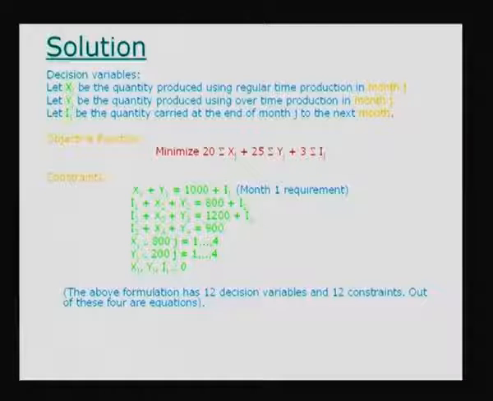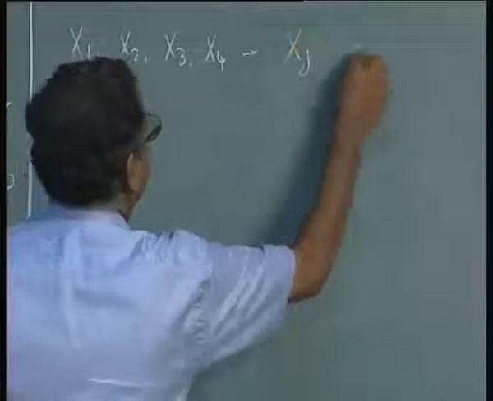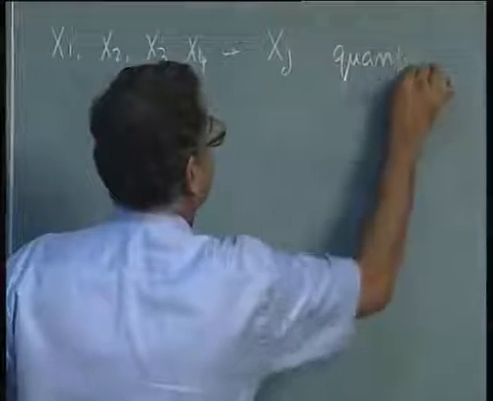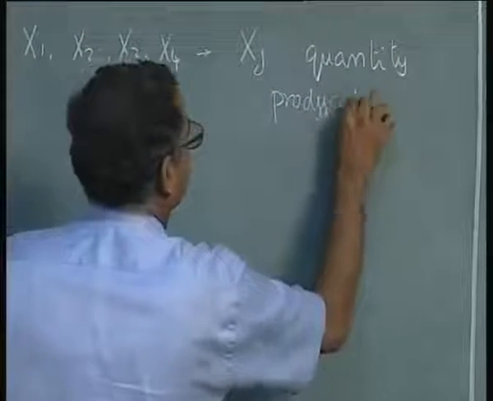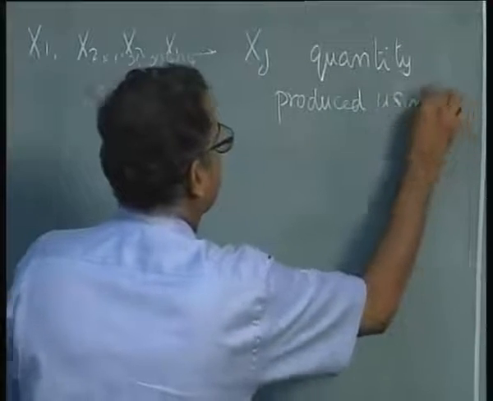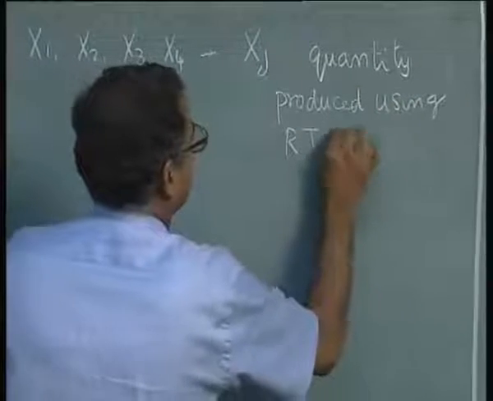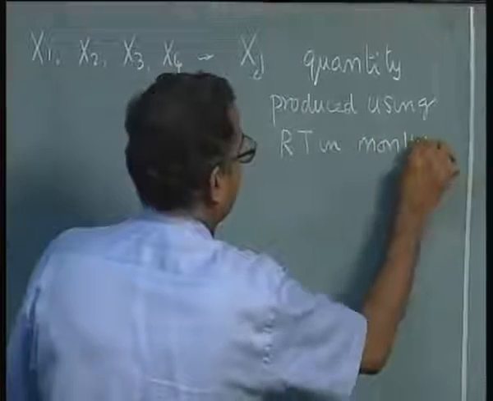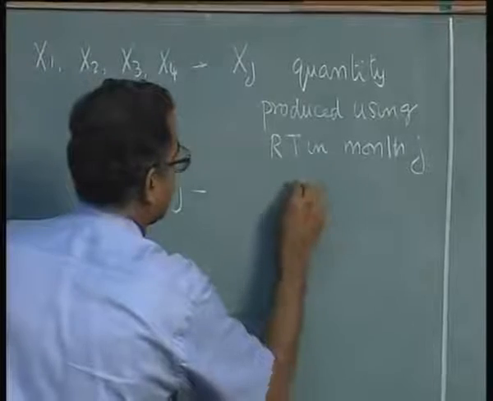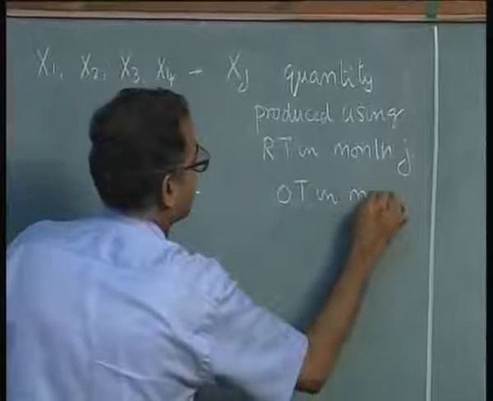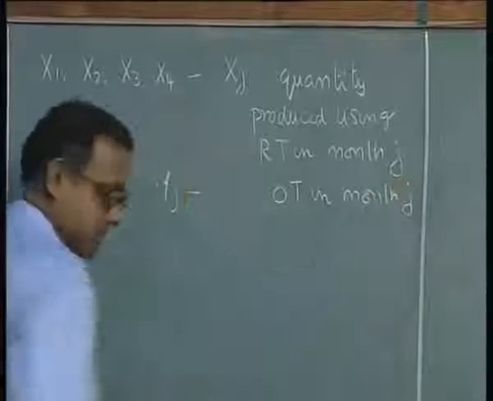Now, the first thing we do here is we define x1, x2, x3, x4, or in general xj, as the quantity produced using regular time production in month j, and yj as the quantity produced using overtime in month j.